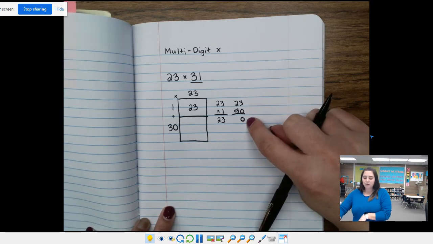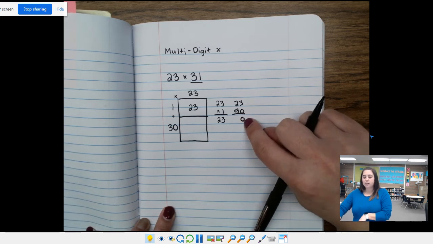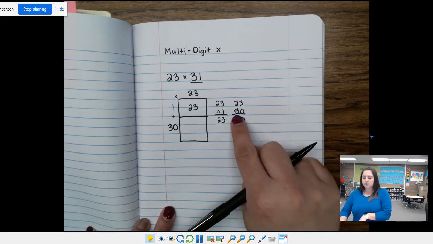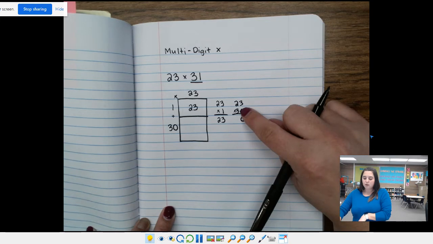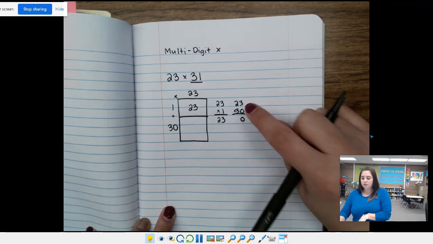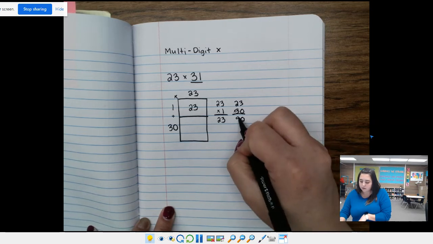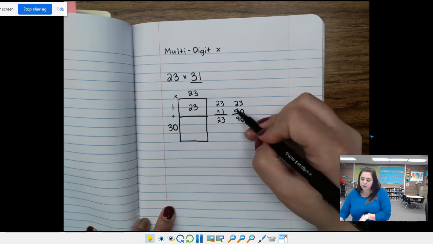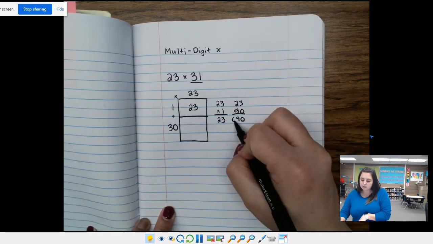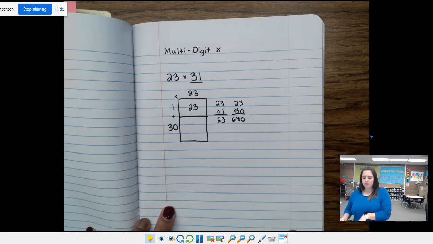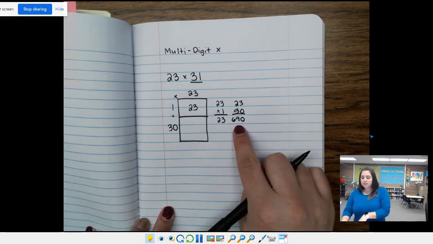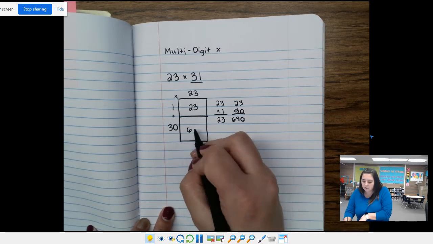If I add the 0, it's like I already multiplied the answer times 10. So I'm going to write a 0. Now I can ignore it. So what is 3 times 3? 9. And 3 times 2 is 6. So 23 times 30 is 690.